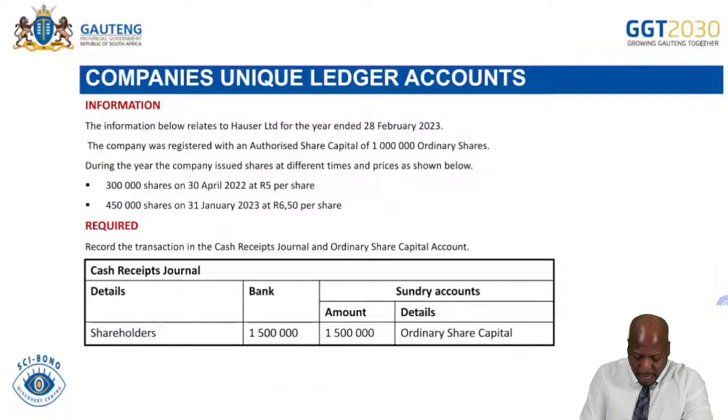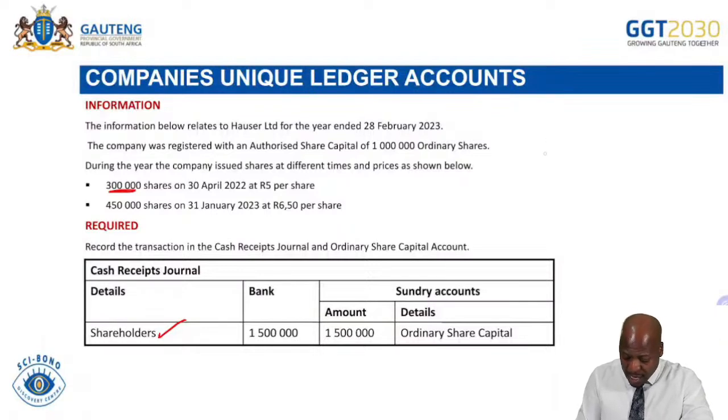We are receiving the money from shareholders, because the people that have bought shares are called shareholders. And then how many shares did we issue? We issued 300,000 shares. So we would say we sold 300,000 shares, and we sold each share at 5 rand.